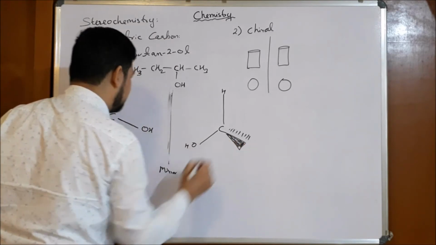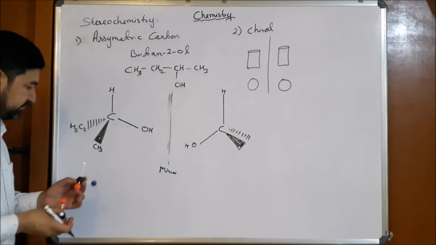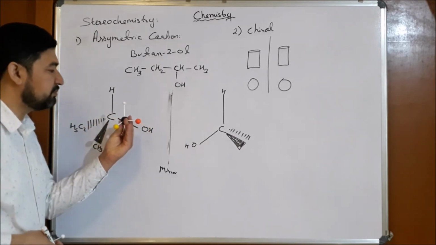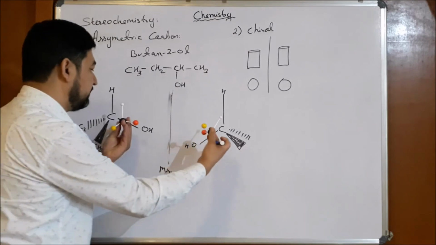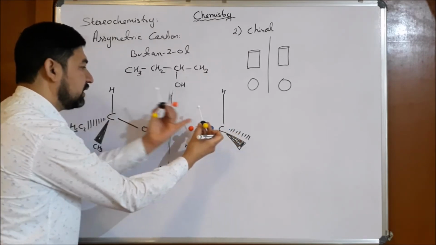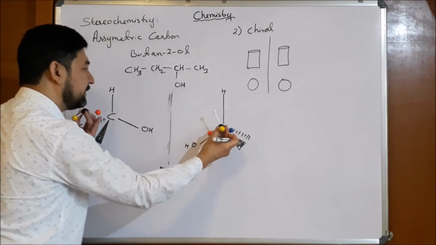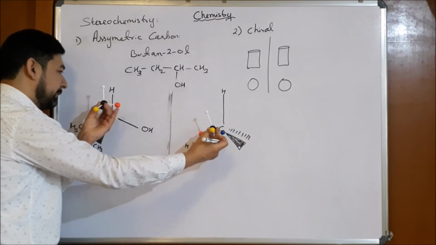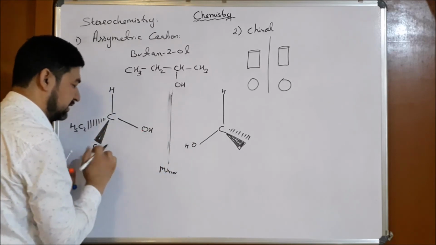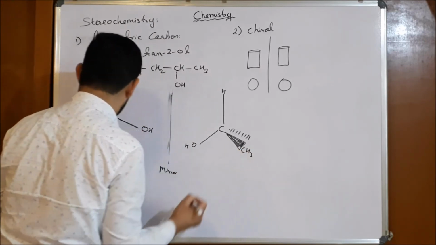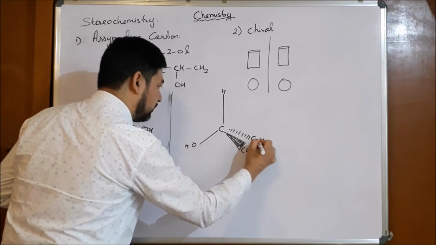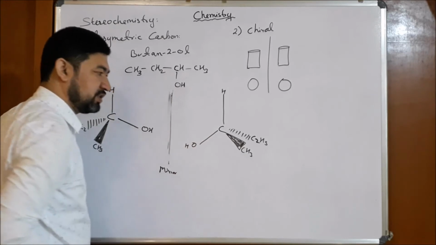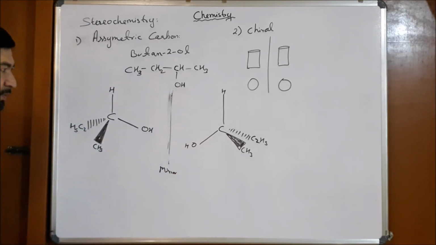Now remember, if this CH3 is above the plane, then in its mirror image, this yellow is above the plane and blue is below the plane. Here also yellow is above the plane and blue is below the plane. Yellow means CH3, so again CH3 is above the plane and C2H5 is below the plane, in its mirror image.